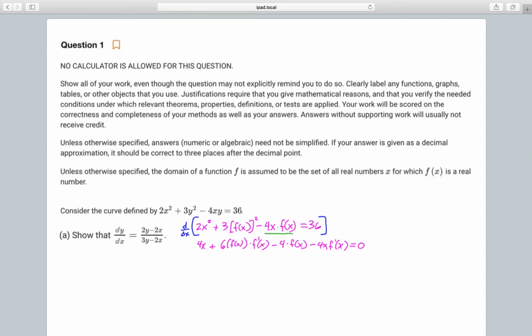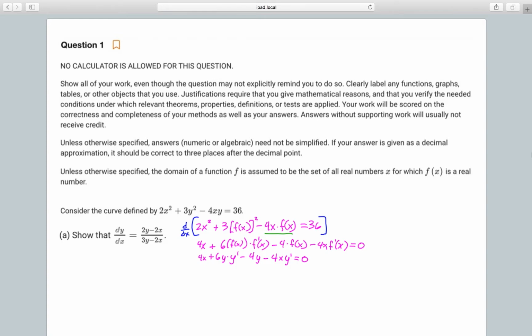So now I like to go back to just strictly terms of y. So what I have is 4x plus 6y times y prime minus 4y minus 4x y prime equals 0. All right, so at this point, what we're trying to do is isolate the y prime.